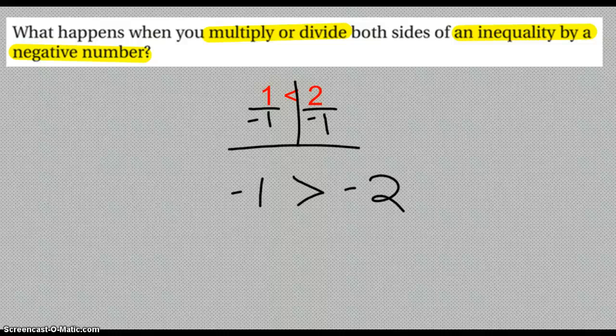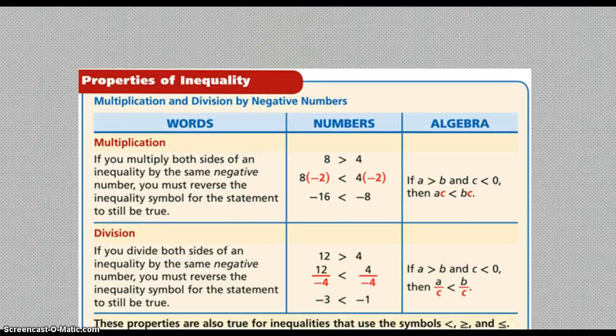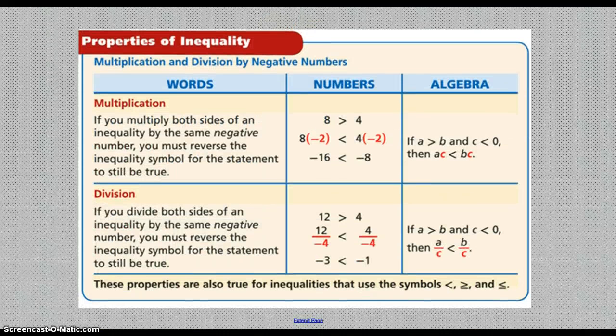So we have a rule. Whenever we multiply or divide by a negative number, we have to flip the sign around. Okay? So as you'll see in this chart, we start with 8 is greater than 4. If we multiply both sides by negative 2, then we have negative 16 and negative 8.